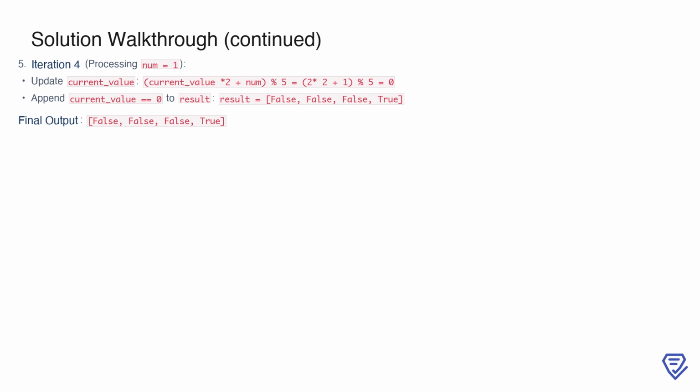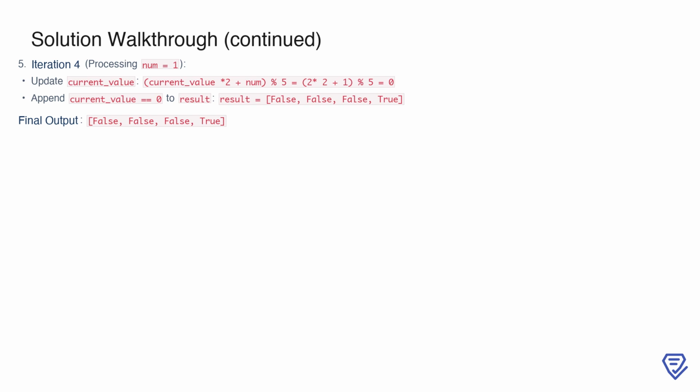Using the formula, 2 * 2 + 1, % 5, we get 0. This indicates that the full prefix is divisible by 5, so we append true to the result. The final output for this example is false, false, false, true. This tells us that only the complete prefix is divisible by 5, while all other prefixes are not.